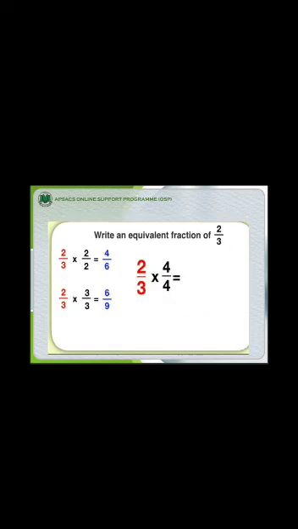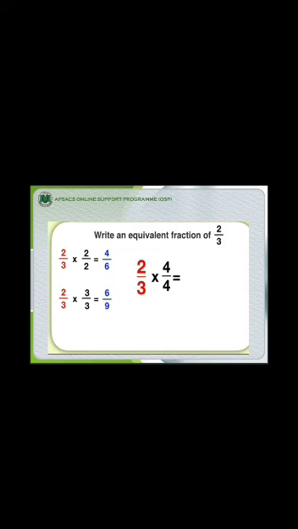Let's take another example. Write an equivalent fraction of 2 over 3. Then we will multiply it by 2, 3 and 4. When we multiply it by 2, we will get an equivalent fraction 4 over 6. Multiplied by 3, we will get 6 over 9.